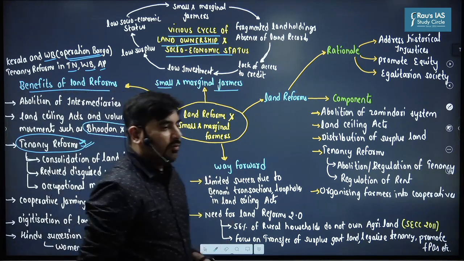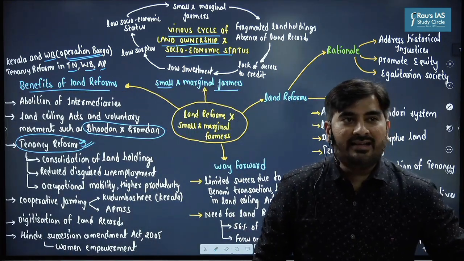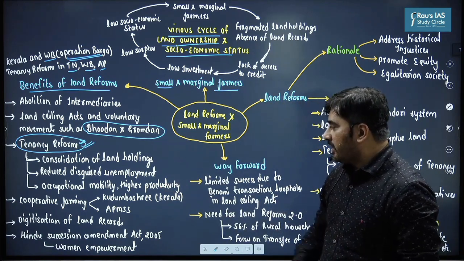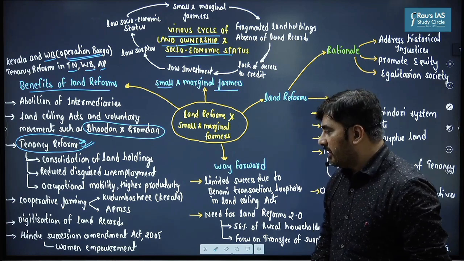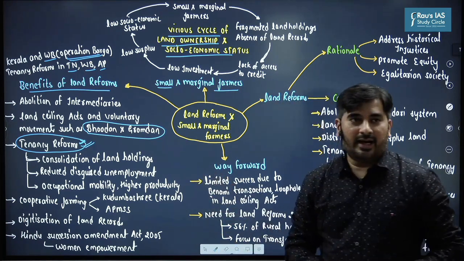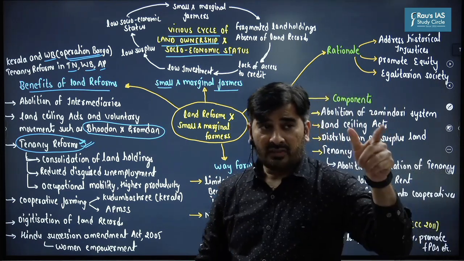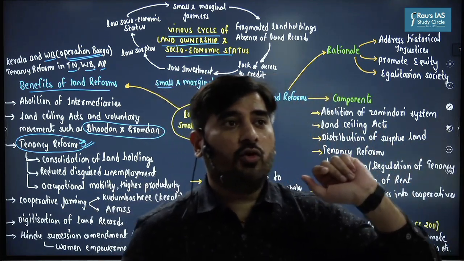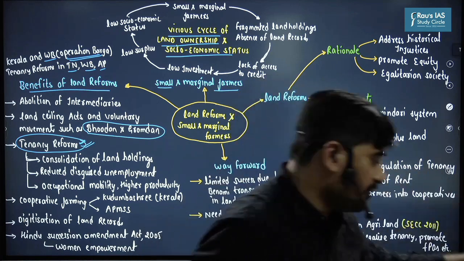So this is what you have to highlight. By legalizing tenancy, we would be able to consolidate the land holdings, reduce disguised unemployment, promote occupational mobility, higher productivity, and so on. One of you was asking me in the chat box as to how it is going to promote equity. Okay, just focus here.